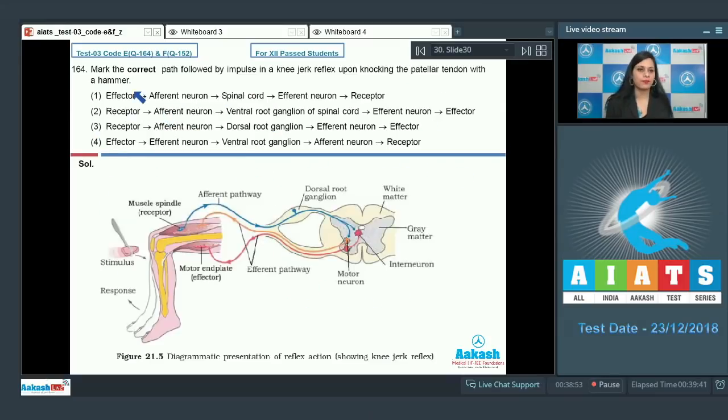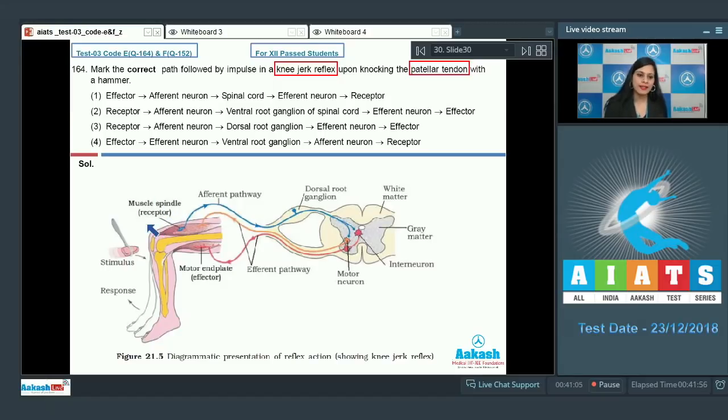Question number 164. Mark the correct path followed by impulse in a knee-jerk reflex upon knocking the patellar tendon with a hammer. This question is all about patellar tendon reflex or knee-jerk reflex. As you can see in this diagrammatic representation of reflex action showing knee-jerk reflex, the stimulus is detected by the receptor, such as this muscle spindle.